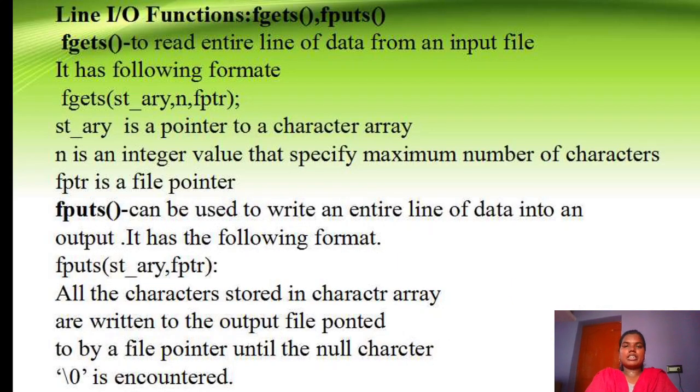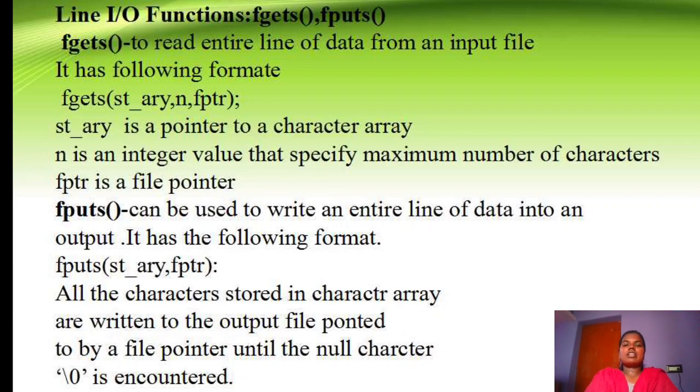So next, let us move on to the next set of functions, that is fgets and fputs. fgets is used to read an entire line of data from an input file. It has the following syntax: fgets(str_array, n, fptr). Here str_array is the pointer to a character array, n is an integer value that specifies the maximum number of characters, and fptr is a file pointer. And the next function fputs is used to write an entire line of data into an output file.